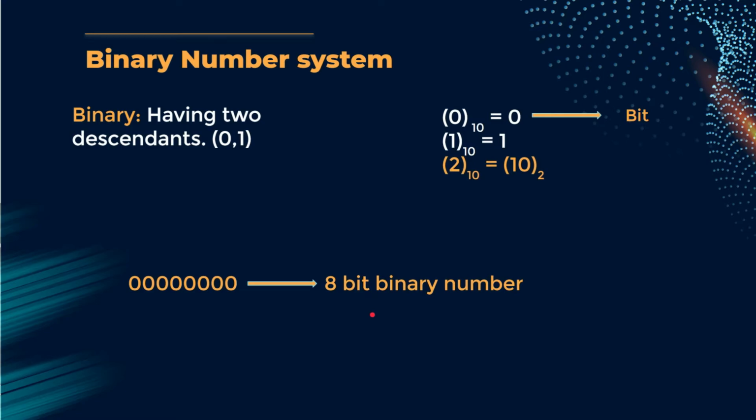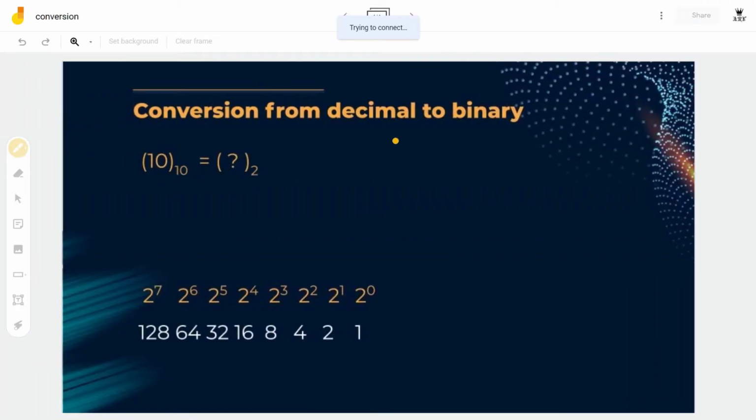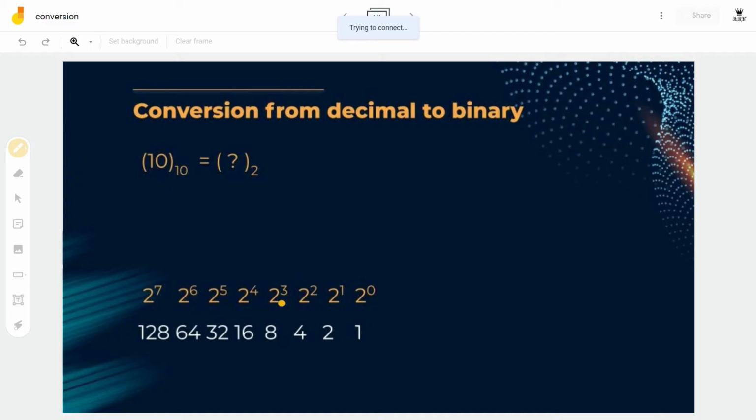Now let's see how we can represent decimal numbers into binary numbers. To understand that, let's convert the decimal number 10 to a binary number. So in order to do that, we need to first check which number in powers of 2 is 10 closest to. That means we need to represent 2 power 0, 2 power 1, 2 power 2 and all those powers of 2.